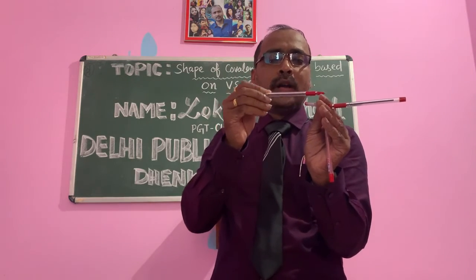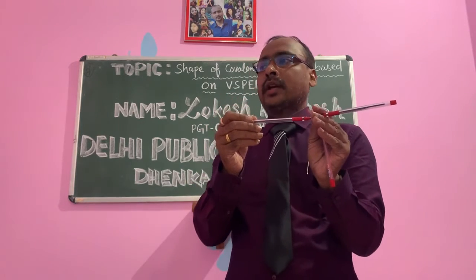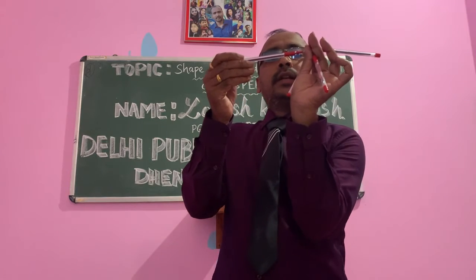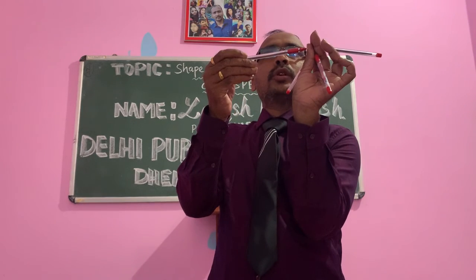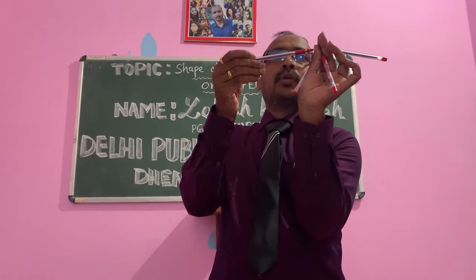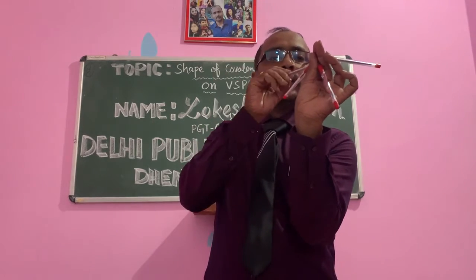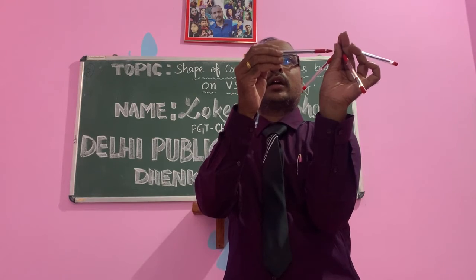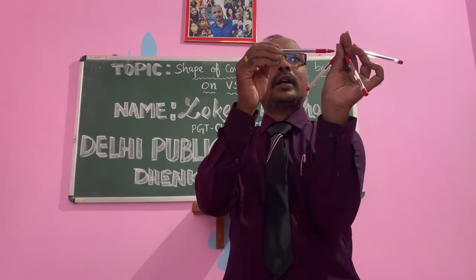The bond angle of 180 degrees increases to 187. If you subtract 187 from 360, we get this bond angle, 173.